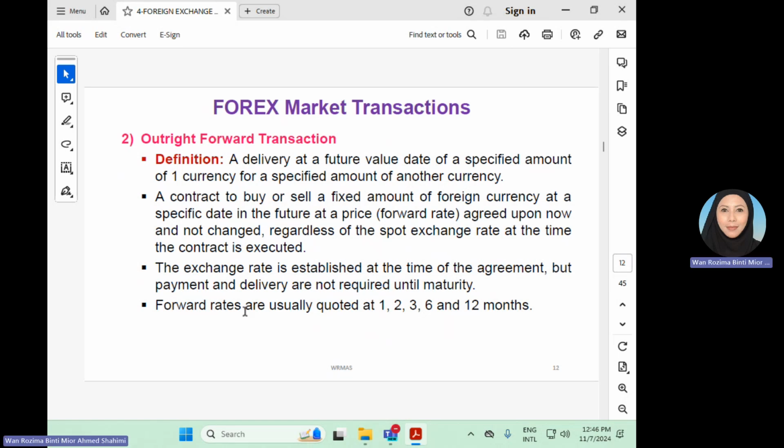So basically, can we call it protection? Yes, it is. It depends. Actually, yes, you can use it for protection, but you are also open to losses. For example, your expectation is wrong. You are afraid of the appreciation of that currency, and because of that, you want to lock using a forward rate.